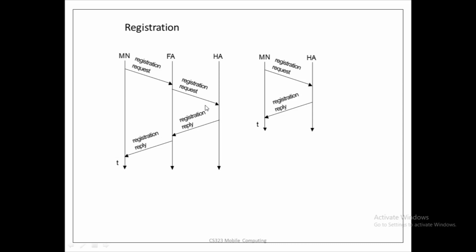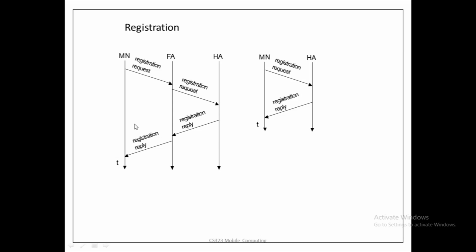So after some time, the registration expires automatically after the lifetime, or it is deleted. So the mobile node should register before expiry. This mechanism is necessary to avoid mobility bindings which are no longer used.